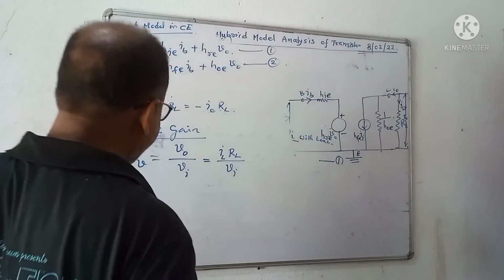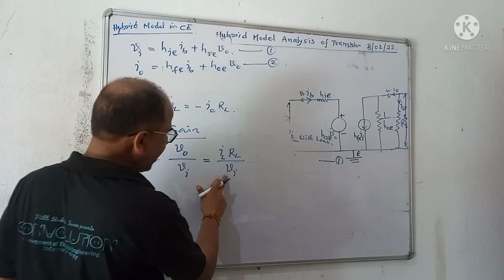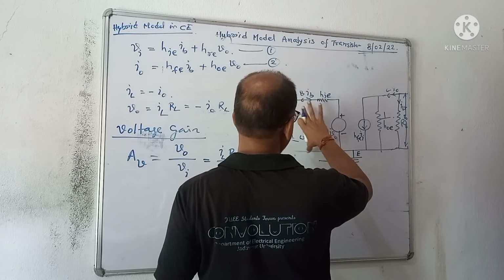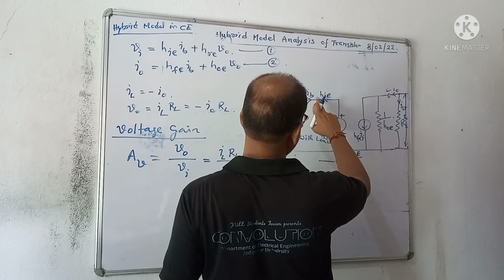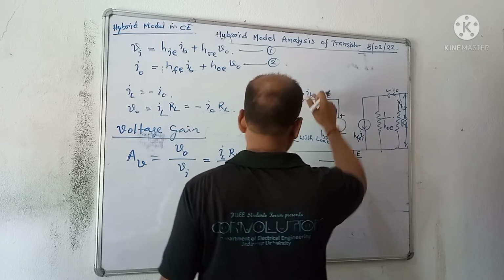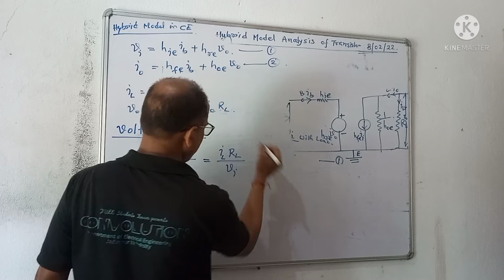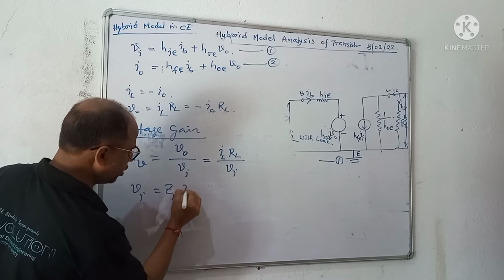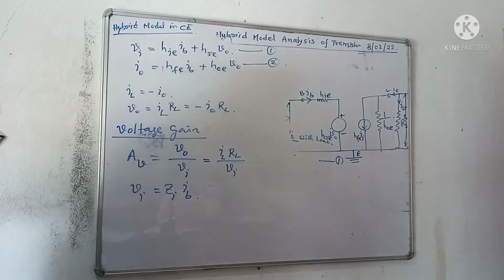Next, for this VI, I know ZI and I know the input current. Therefore, VI is equal to ZI into IB.